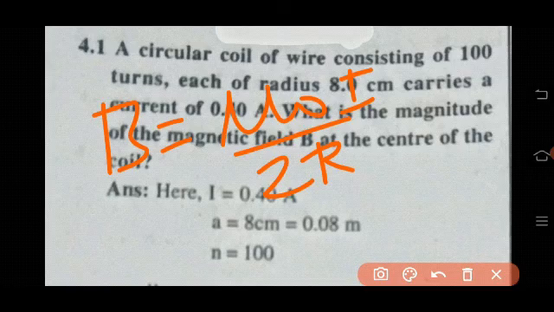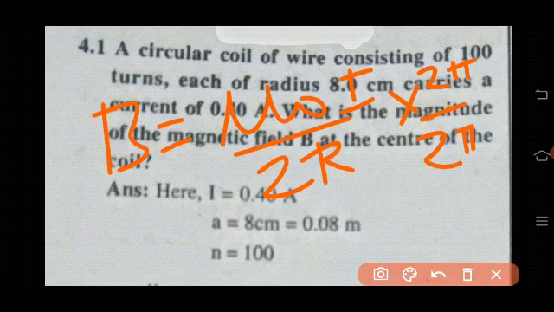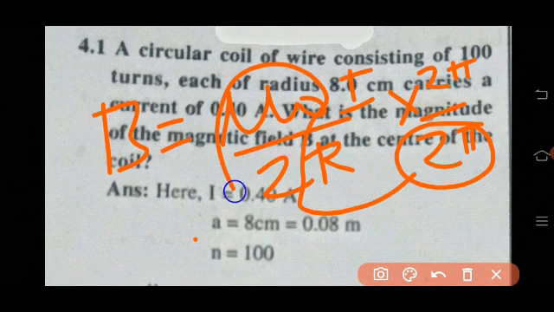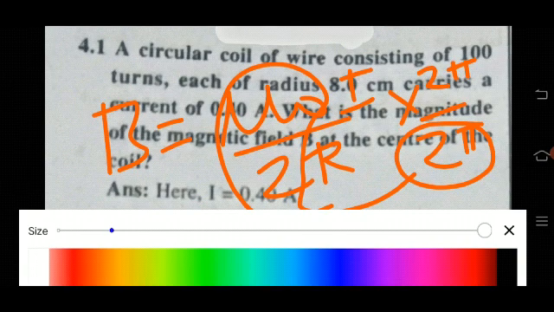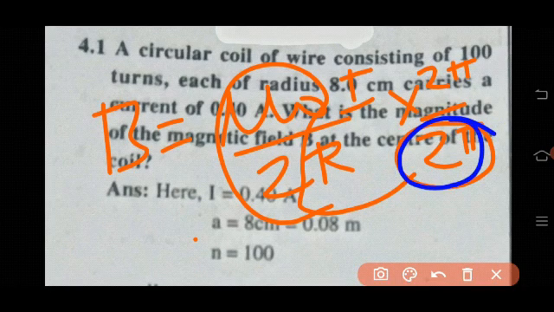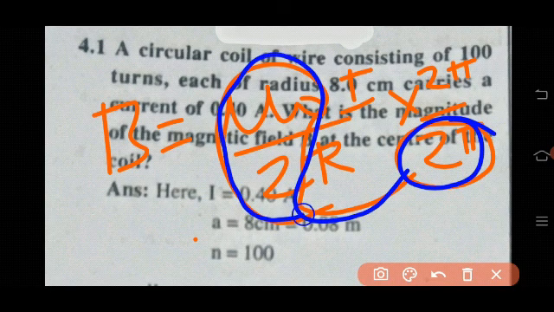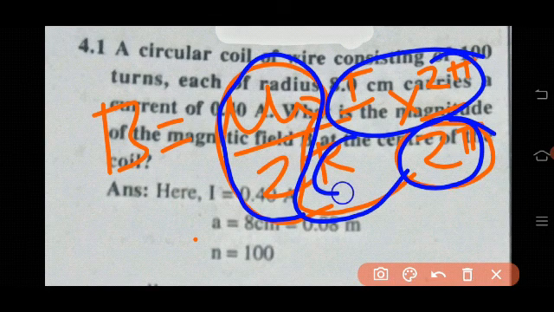Then you can simplify this equation, because we don't know the value of mu naught. Therefore, just multiply and divide by 2 pi. So you will get mu naught by 4 pi, and the remaining terms are I into 2 pi by R. This is for a single turn.